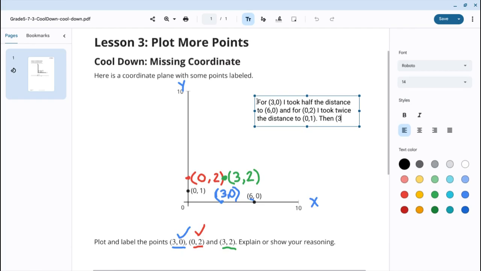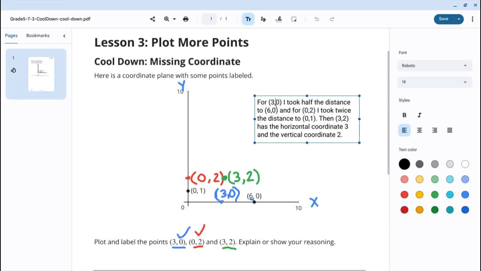Then, this is where we kind of combined the movements. Then, for 3, comma 2, that has the horizontal coordinate 3 and the vertical coordinate 2.